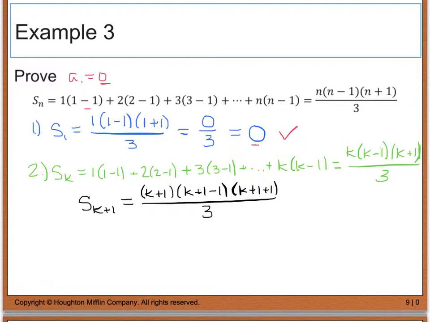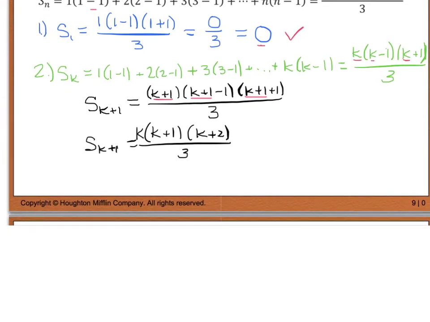And again, I'm plugging in a k plus 1 for each k. So when we simplify that, I'm still proving that S sub k plus 1 is equal to (k plus 1) times k, which I'm going to pull out up front, times (k plus 2), and I'm going to divide all of that by 3.